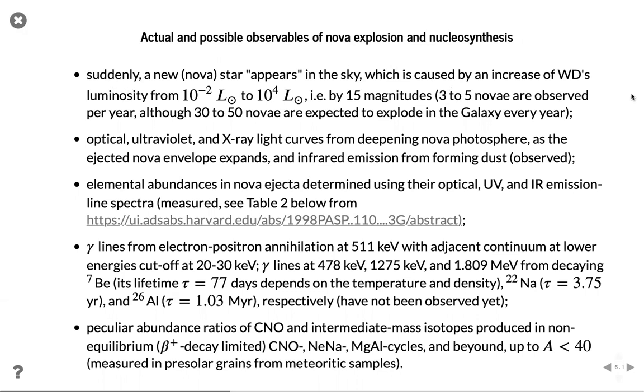As I already said, suddenly a new star appears in the sky, which is why it is called nova, Latin for new. This is caused by an increase of the white dwarf's luminosity, from approximately 10 to the minus 2 solar luminosities, the typical luminosity of white dwarfs or even lower, to 10 to the 4, or 10,000 solar luminosities, which is quite significant.